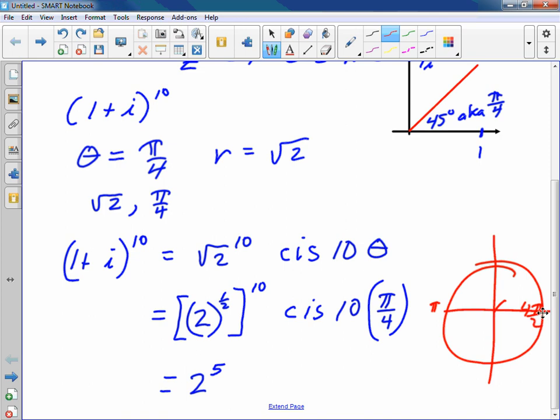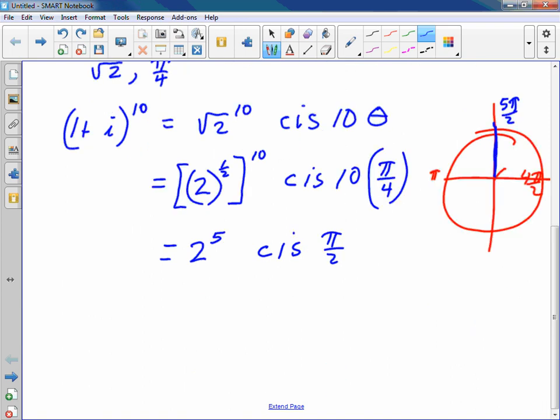So where's 5 pi over 2? Straight up, right. 5 pi over 2 is straight up, which, in disguise, what is it? It's pi over 2, or 90. So this we can just write as cis pi over 2. It's the same thing, because it's a periodic function.